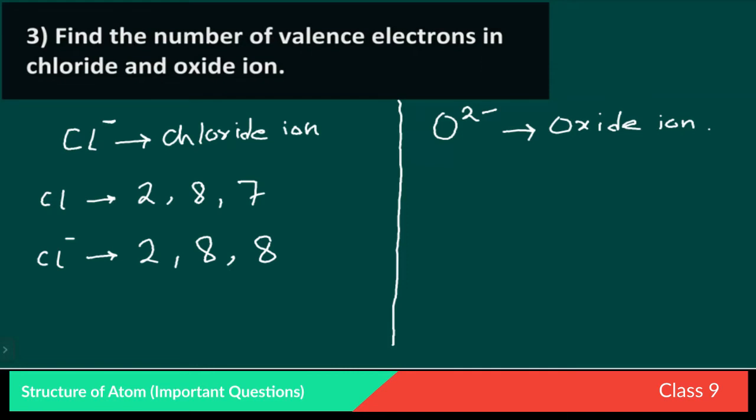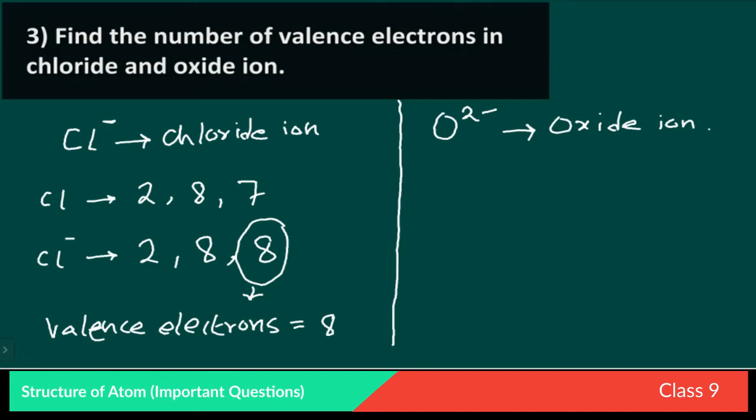And we know valence electrons are those electrons which are present in the outermost shell of an atom. So the outermost shell of chloride ion is this one. And how many electrons are present? 8 electrons. So we can say valence electrons in case of chloride ions is equal to 8.